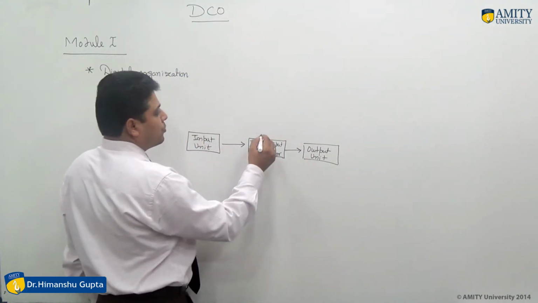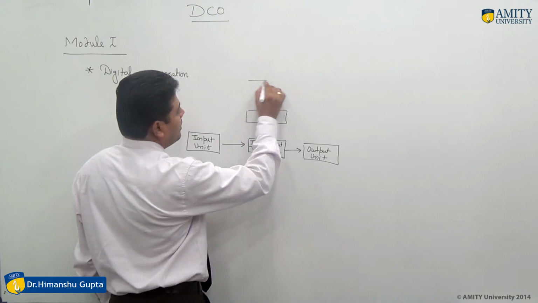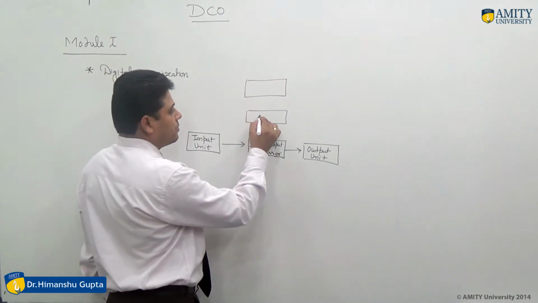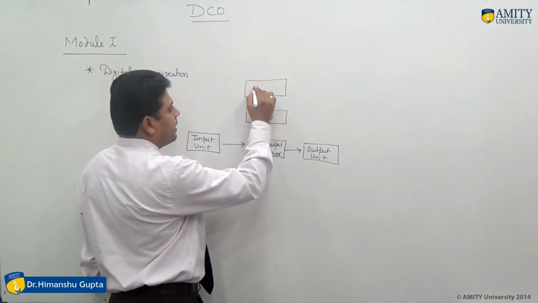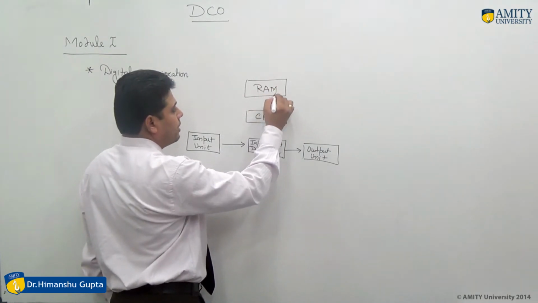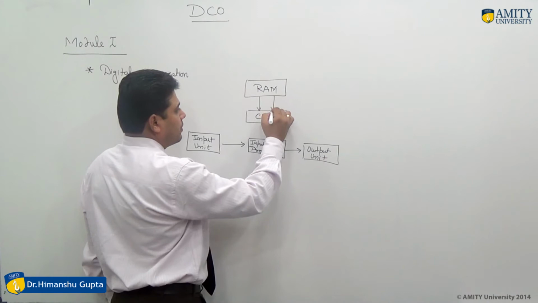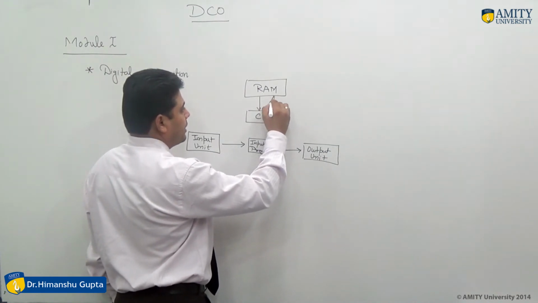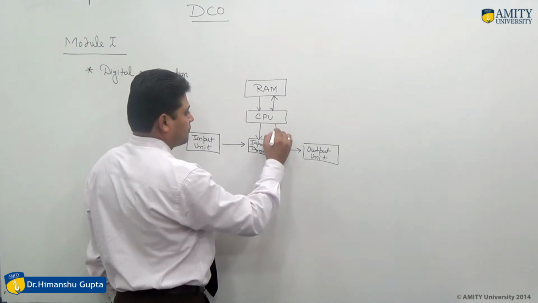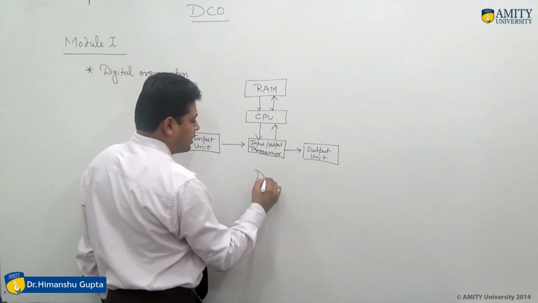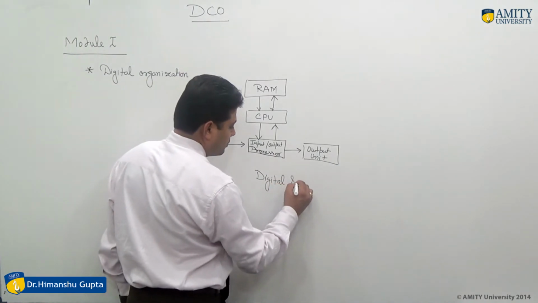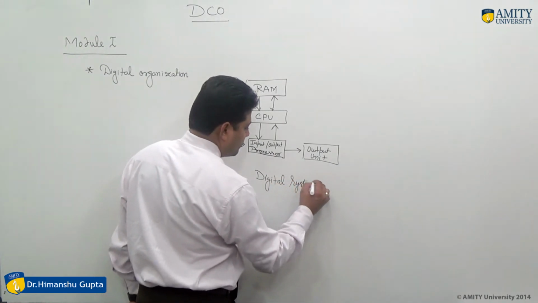In this input output processor, there at the same level three components are there, which is known as the CPU and random access memory, which are communicating to each other. So this is the digital system architecture.